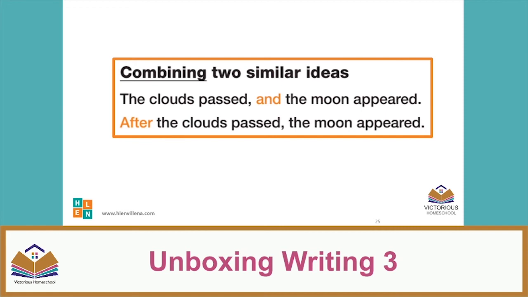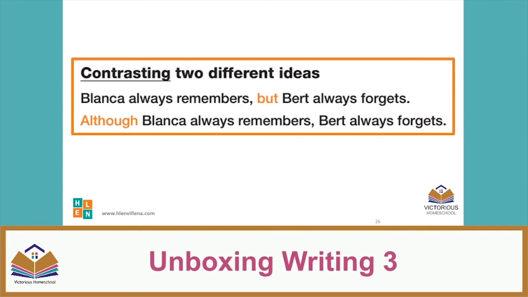But in the second example, you want to establish a sequence perhaps, like for example, after the clouds passed, then the moon appeared. And in terms of meaning, there is a slight difference there. So you have to know what you're really trying to say and use different structures and sentence styling accordingly.